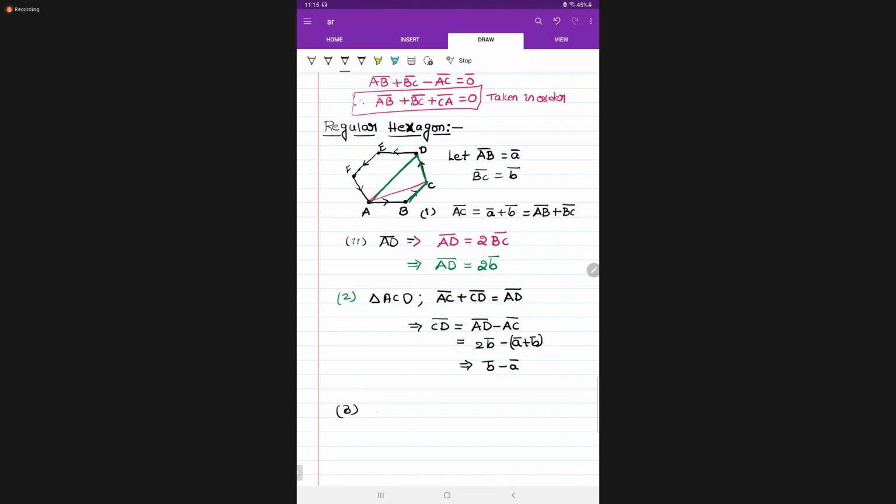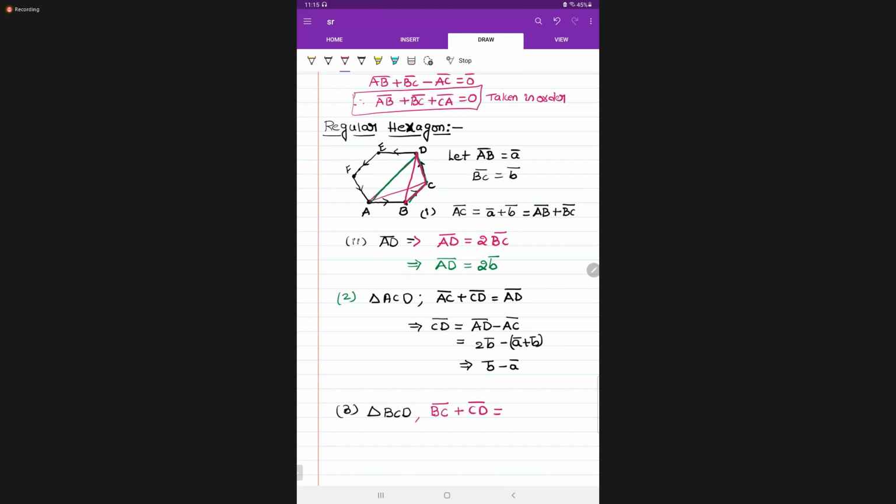Third one. From triangle BCD, BC bar plus CD bar is equal to BD bar.